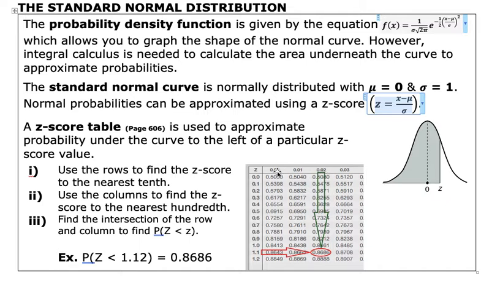If you're tracing the top columns, you'll notice that this is adding precision to the nearest hundredth. So the probability that the z-score is less than 1.12, so the area to the left-hand side of that z-score, is 0.8686. So again, this is a table that is designed to be able to calculate area underneath the curve instead of using a formula to calculate that area.